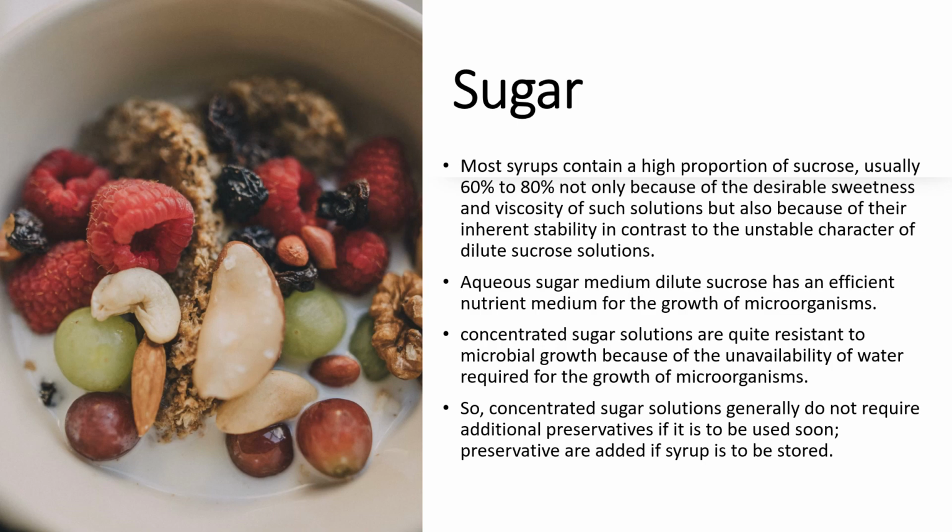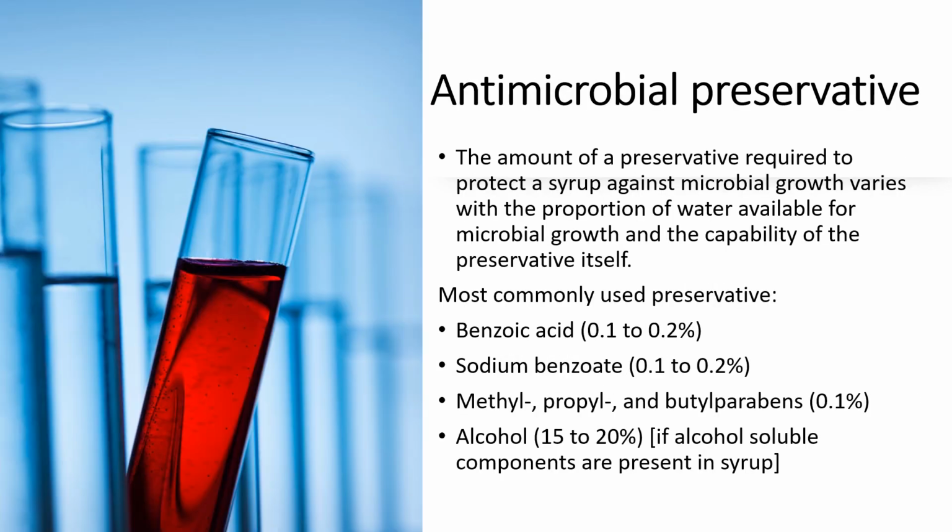So what are antimicrobial preservatives? As we discussed earlier, concentrated sugar solutions do not require any preservative if immediately used, and the amount of preservative that has to be added in the solution varies with the proportion of water that would be available for the growth of microorganisms.